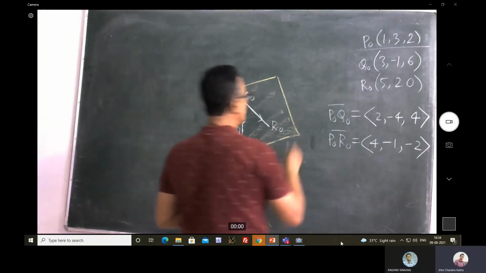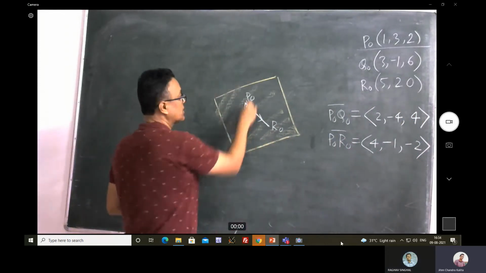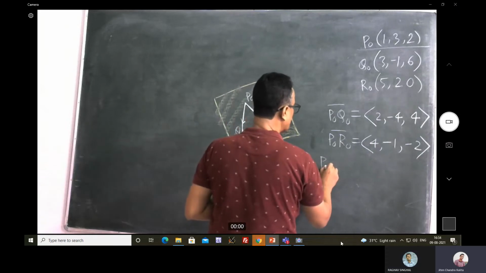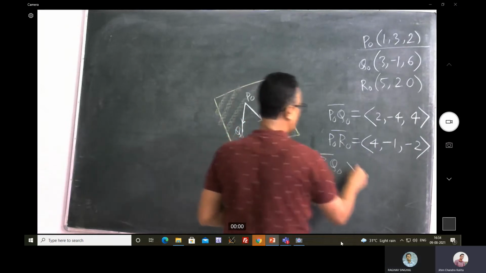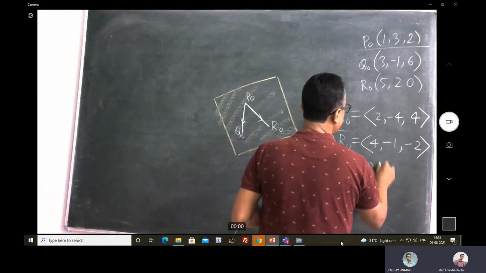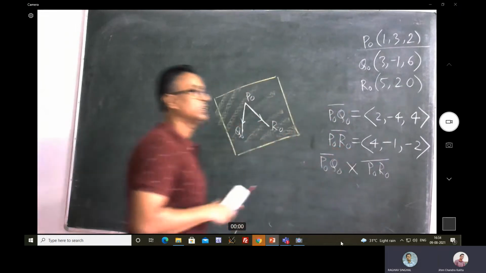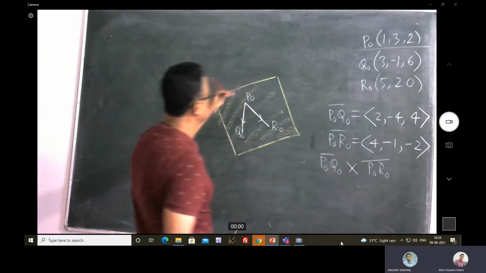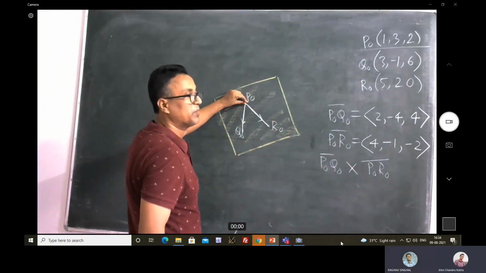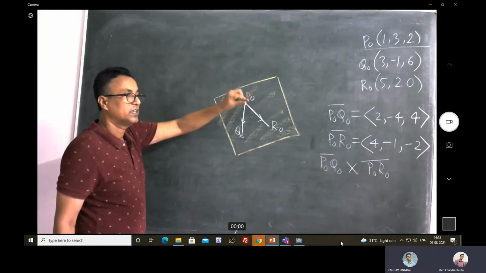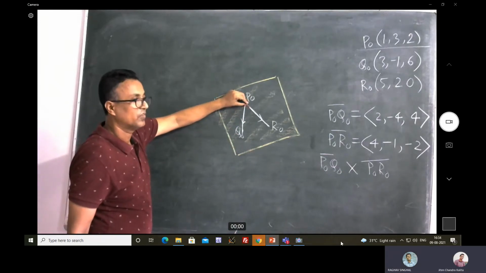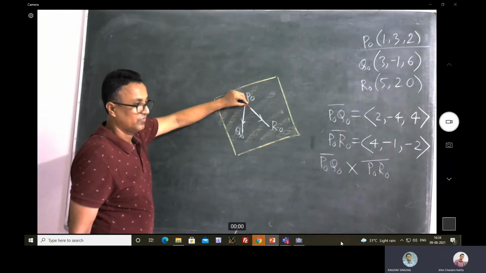So now you have found these 2 vectors lying on the plane. If I consider the cross product of P naught Q naught and P naught R naught, what property are they going to have? I am going to get their cross product as another vector which is perpendicular to both those vectors, right?